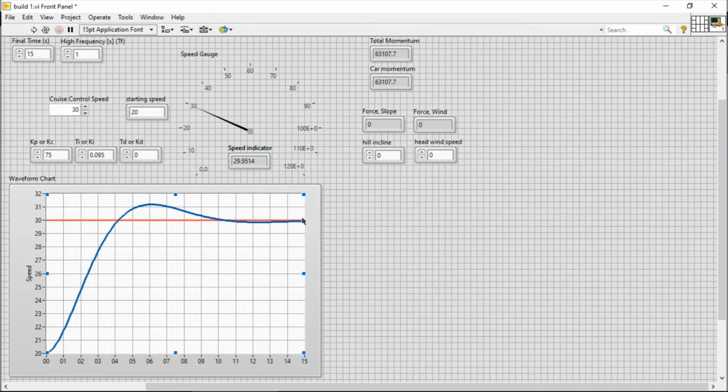There's a little bounce back here, but it was within the range that I want, and so you can basically say right about here we are at our final speed. We have less than the 5% overshoot because we're at about 31.2, 31.3, something like that. 31.5 is what I set my goal as.